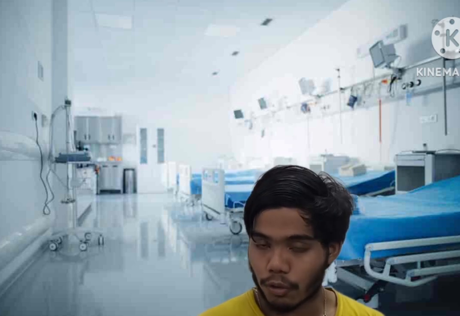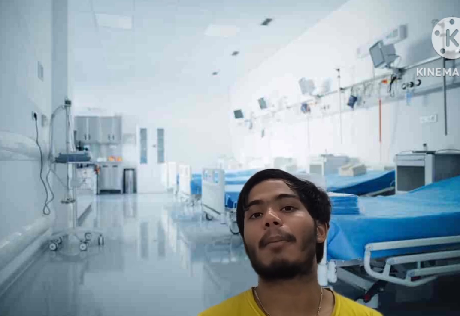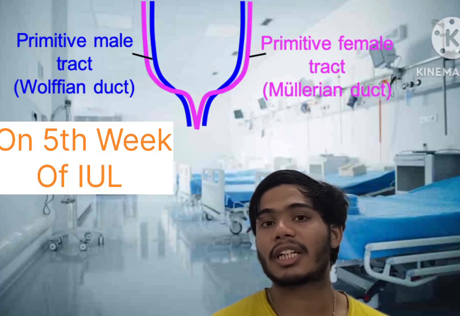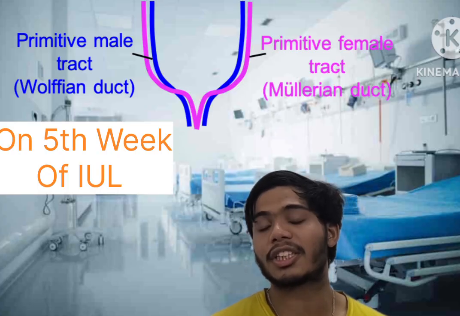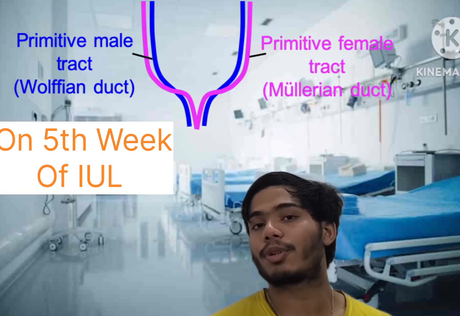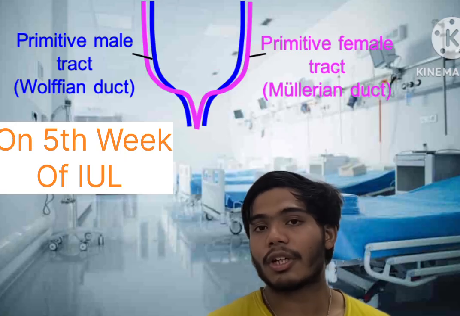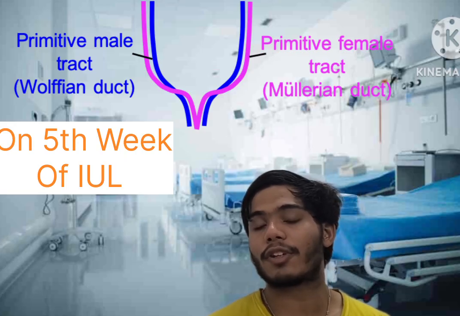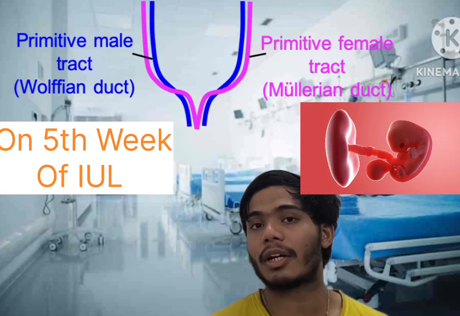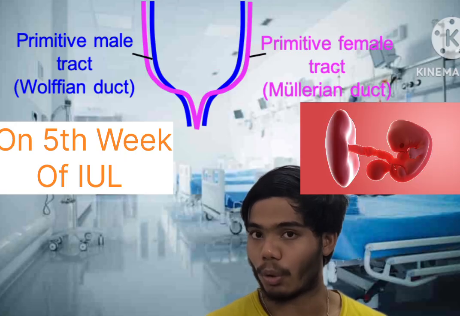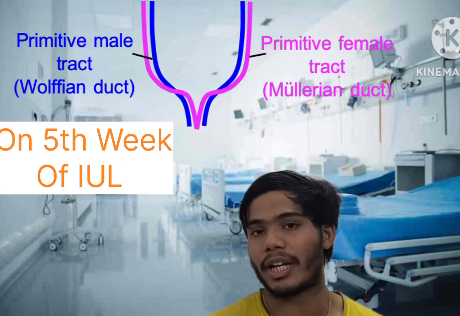Now, for knowing this, you should know a little bit about intrauterine life. So this is the condition of the fetus on the 5th week of intrauterine life. You can see that the fetus has two ducts, Wolffian ducts and Mullerian ducts.